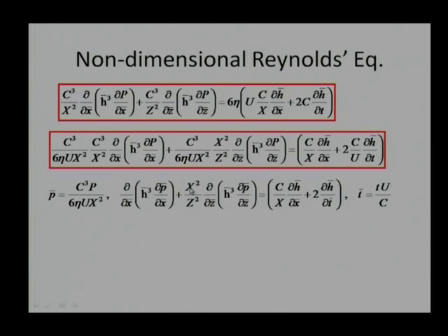But this square term, X by Z square, is going to make a difference. I can say this is going to give me the quantitative analysis of whether the second term is going to dominate or the first term is going to dominate. If one term is dominating to a much larger extent compared to the other, I can neglect one term. That will simplify the solution to a greater extent.